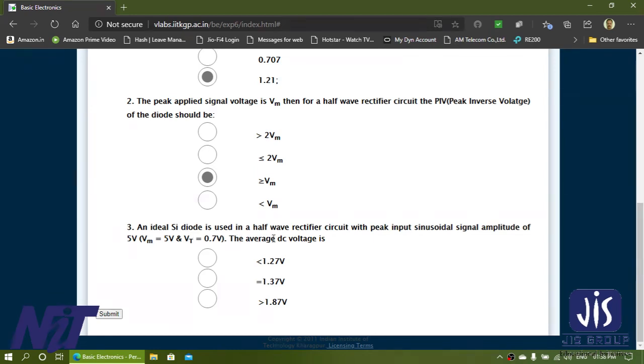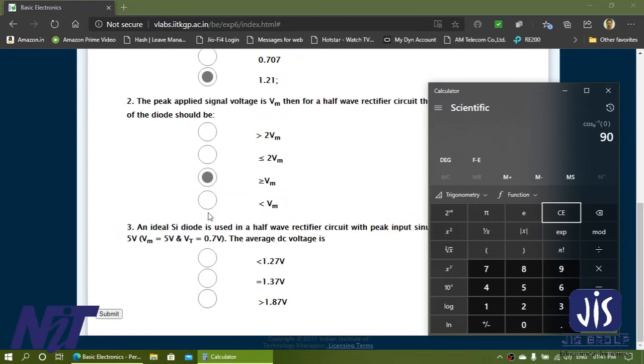You have to find your average DC voltage, V average. In that case our actual effective VM will be the input 5 volt minus VT.